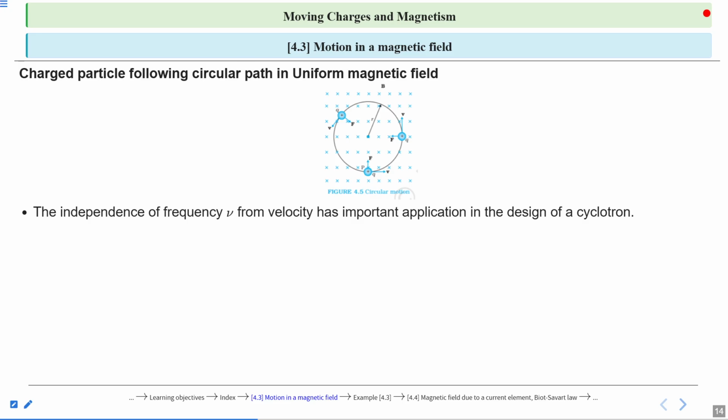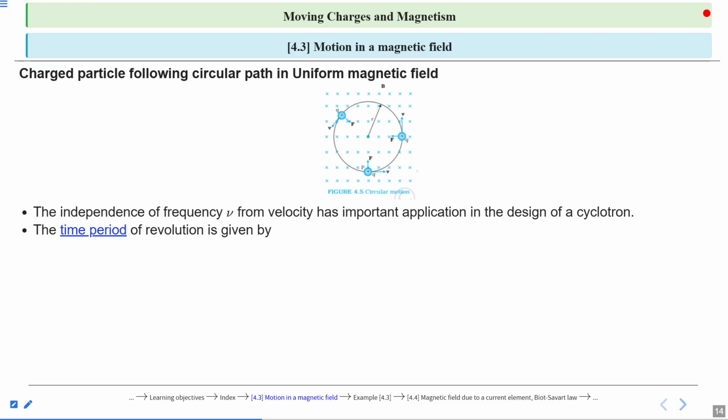The independence of frequency nu from velocity has an important application in the design of the cyclotron, a device which is used to accelerate charges to a very high speed. That independence of frequency nu from the velocity has important application in the design of the cyclotron.